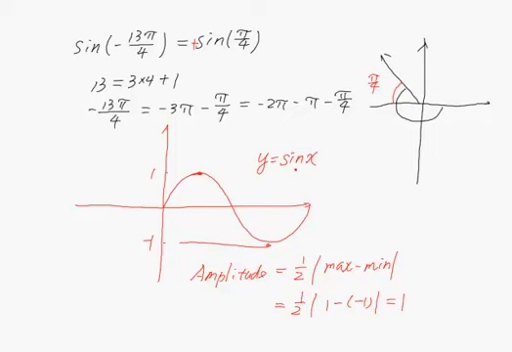So actually later we just see if we have the sine function y equal to a times sine of x, then its amplitude is just equal to the absolute value of this coefficient, so that is equal to absolute value of a.